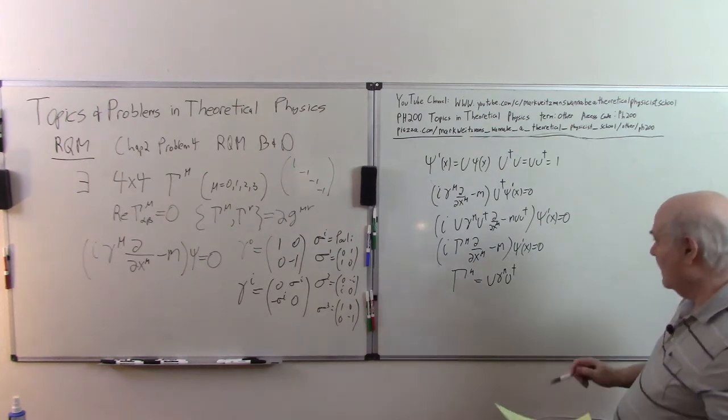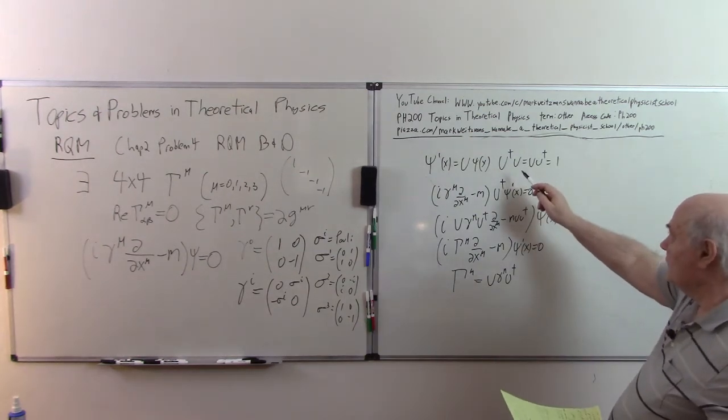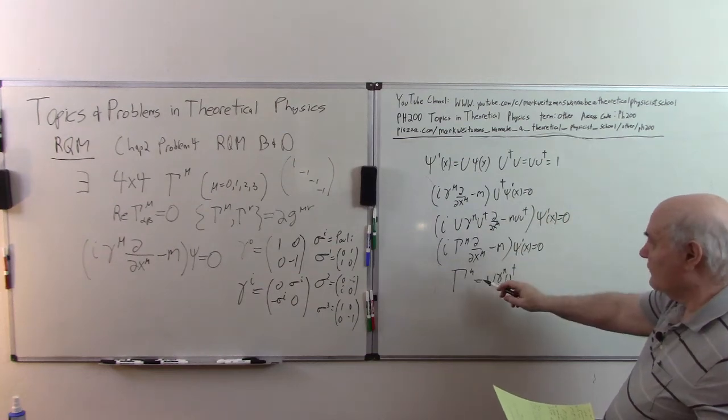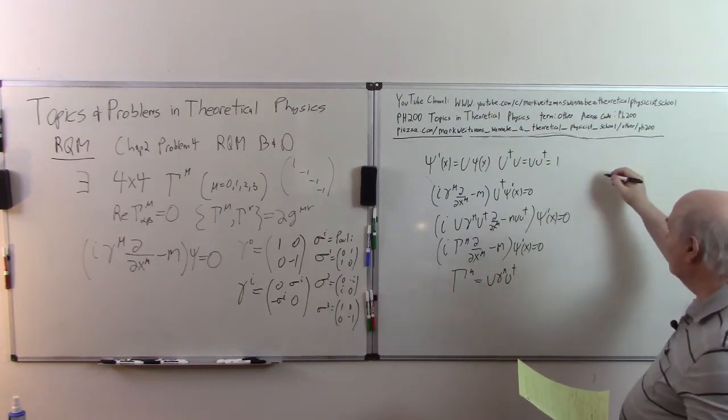One of the advantages of using a unitary transformation is that it preserves the anti-commutation relations.